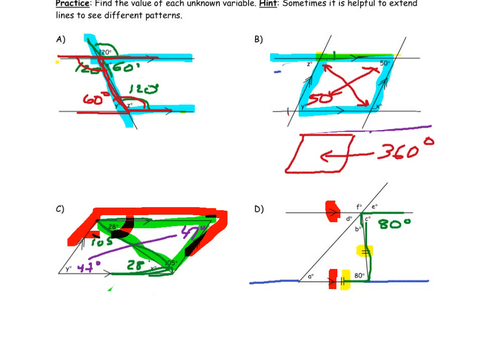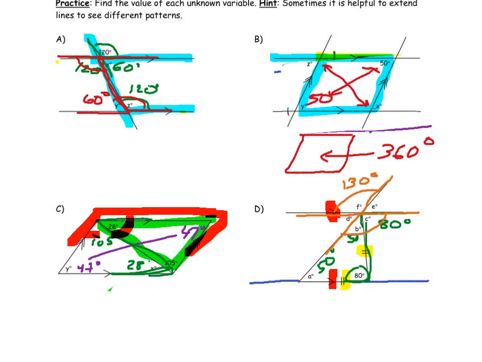Somebody else out there might start with this isosceles triangle and do 180 minus 80, which is 100, divided by 2 to get 50 degrees for A and 50 degrees for B. Somebody else's brain might see scissor patterns, what we call vertically opposite angles. They might see that B and C together have to add to give you F. So 80 and 50 would be 130. So F would be 130.